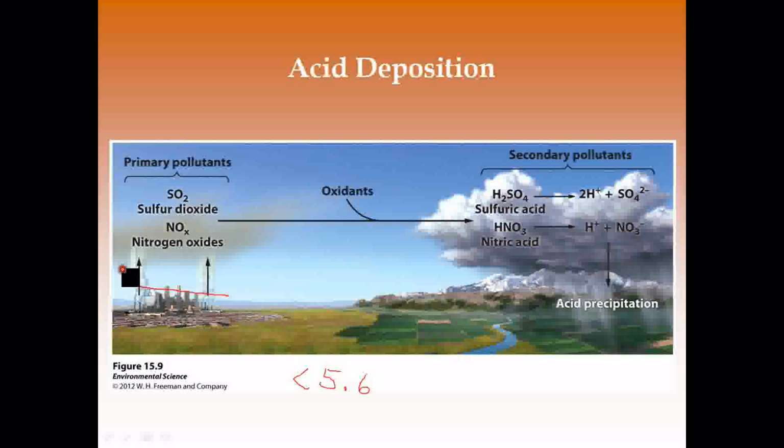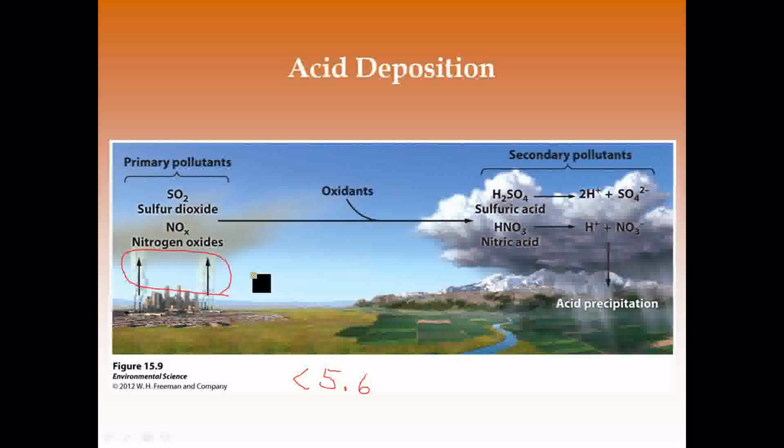You know, right here, this city with all of its factories and all of its power plants is the primary polluter. But with acid deposition, it happens way downwind. I'm talking hundreds of miles downwind is where the acid deposition problem occurs. It doesn't occur where the pollution is added to the air.